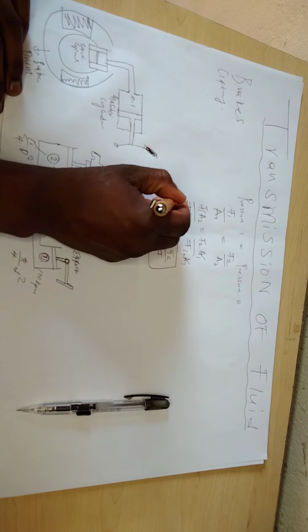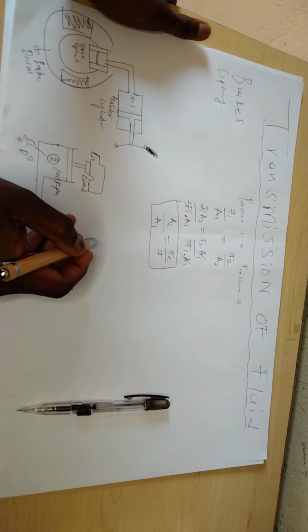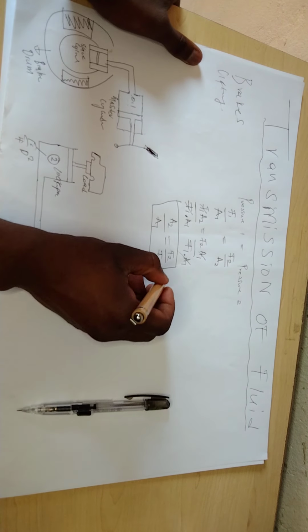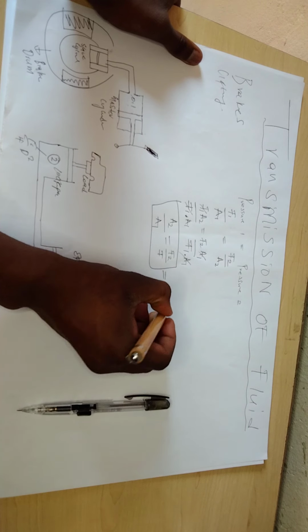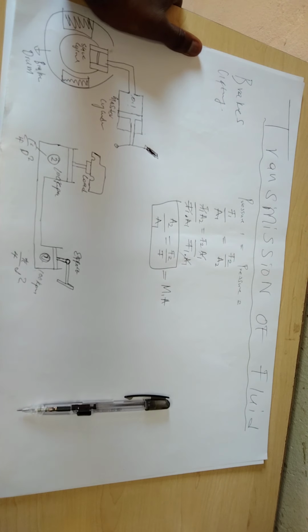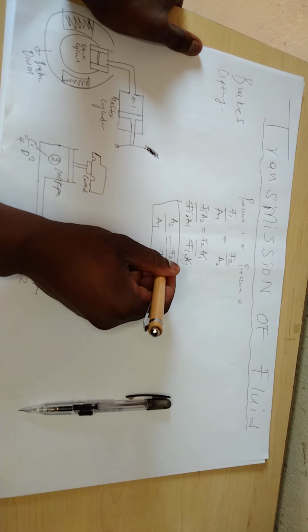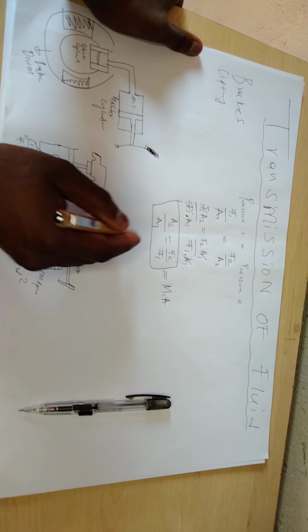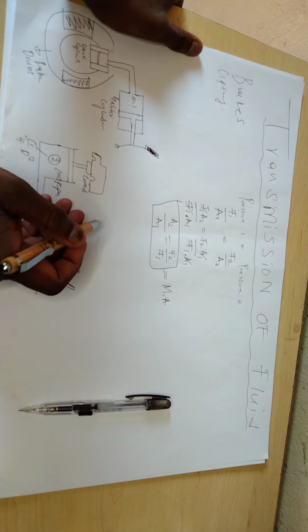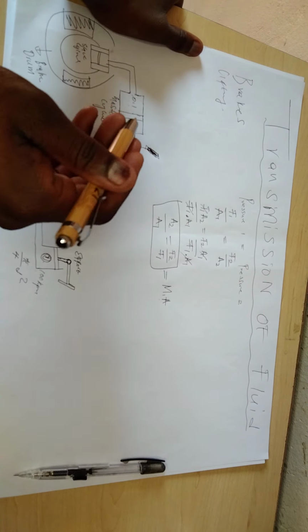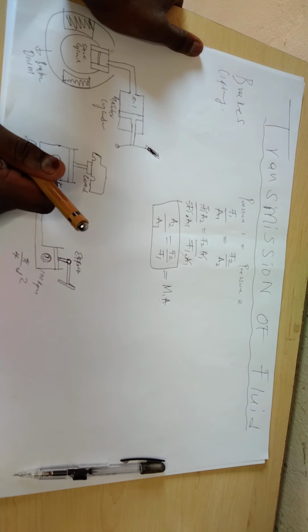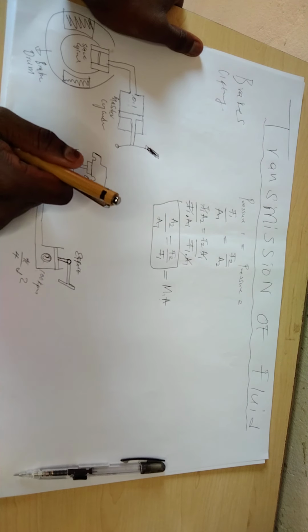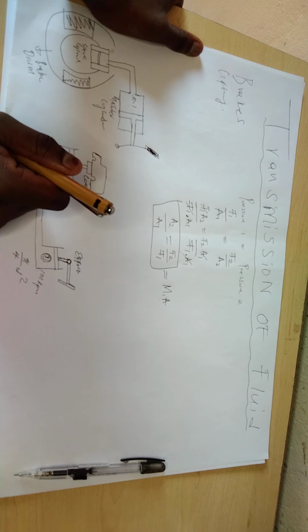So this is our first and most important equation, which is the same as what? Mechanical advantage. So when we are given mechanical advantage on the exam paper, we already know that F2 and F1, A2 and A1, they're going to give us mechanical advantage. This is one thing we must always know, and it's very important and crucial information to feed yourself with.